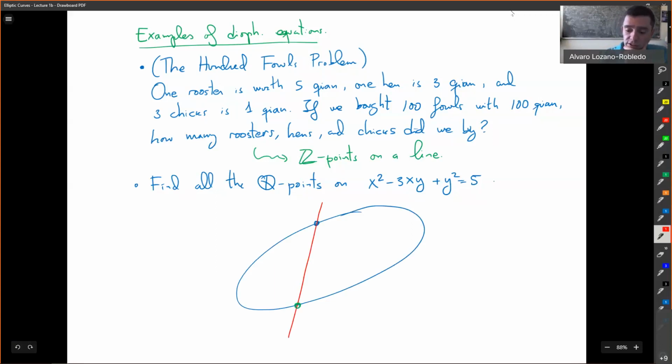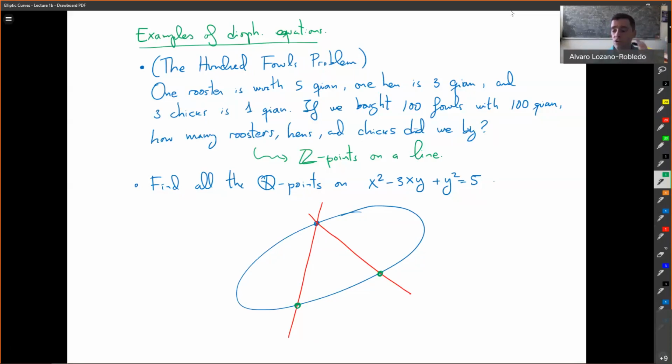And when you trace through all the possible slopes, you can find all the points. You can also prove, actually, that if you have a conic, this construction gives you all the points on a conic. But I'm just giving you a practical example to try your hands on finding all the rational points on a conic. Now, finding the rational points, actually, is the easy part.